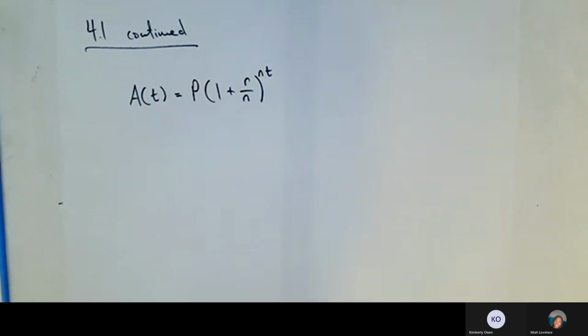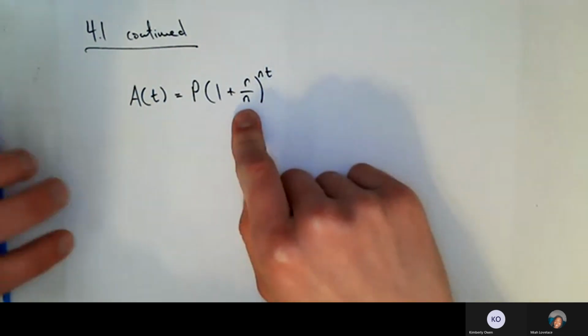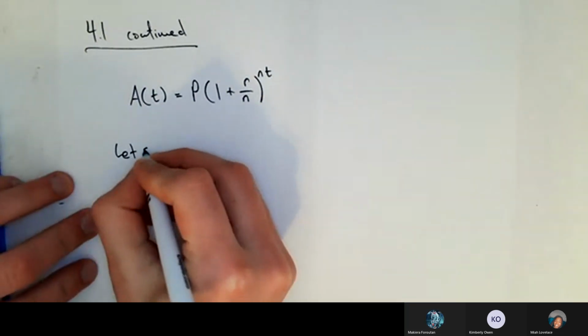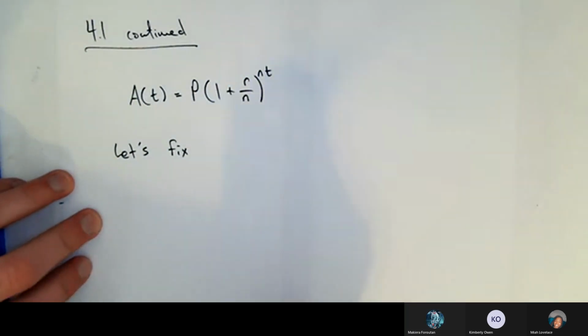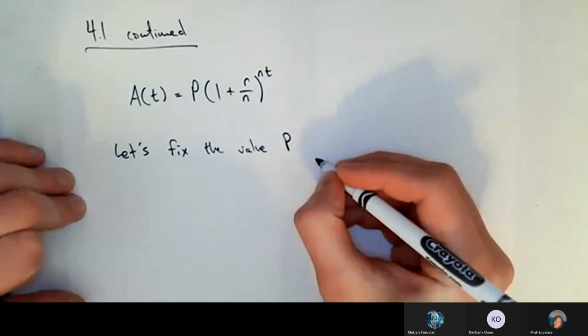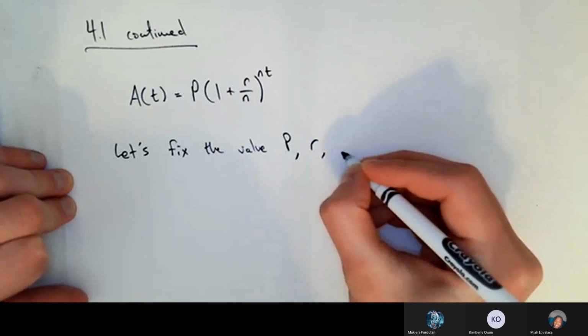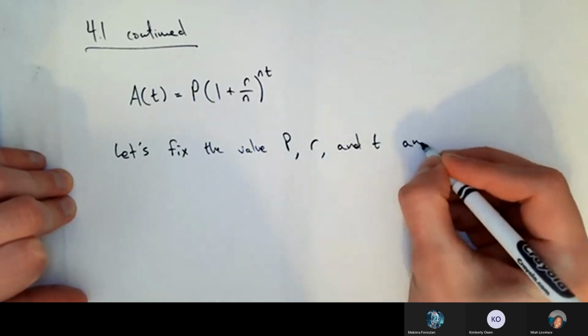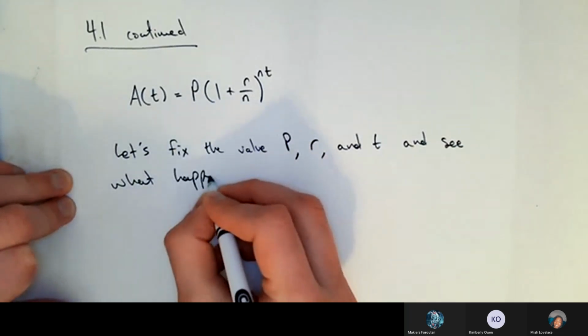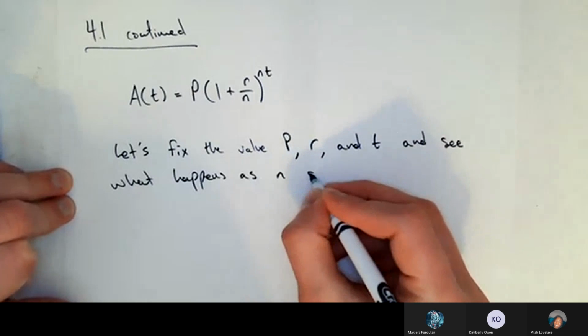Okay. So what I want to do in today's lecture to build into section 4.2 is look at what happens when we increase the number of compoundings. So let's fix, and when I say fix, I mean hold constant the values P, R, and T, and see what happens as n gets larger.